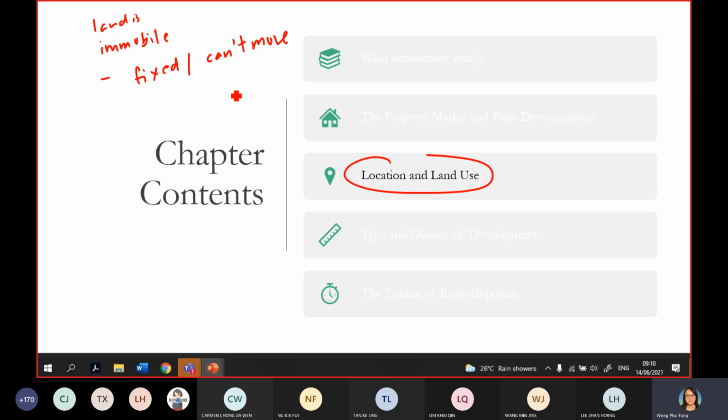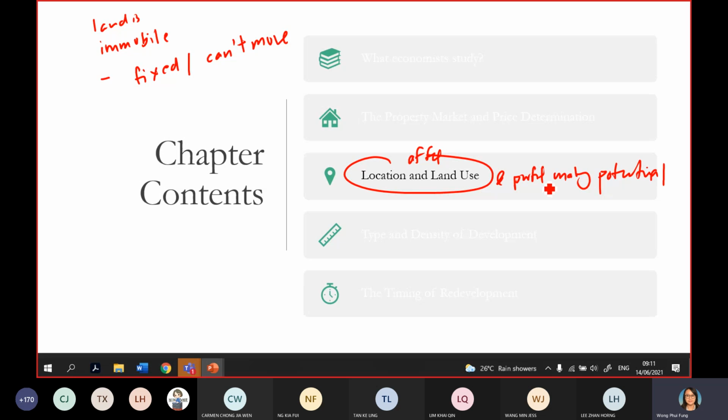Another characteristic of land is that it is there forever. It cannot be moved. So that's why the location will affect the land use and also the profit making potential.